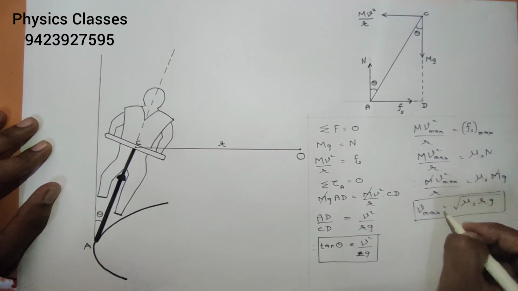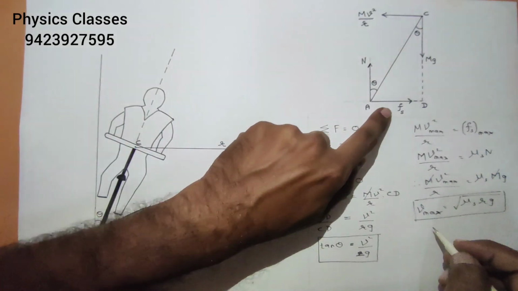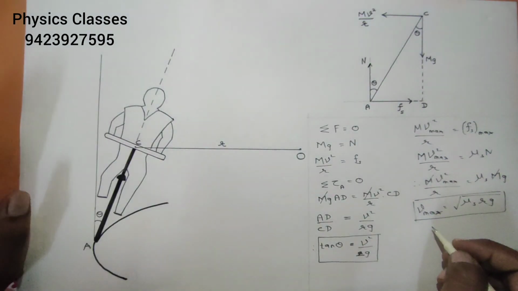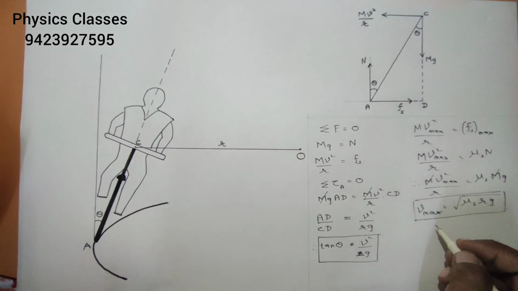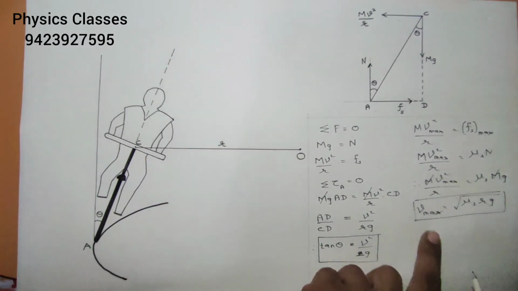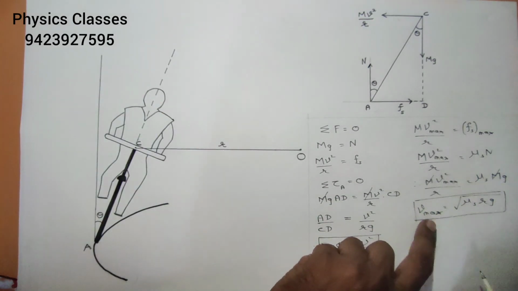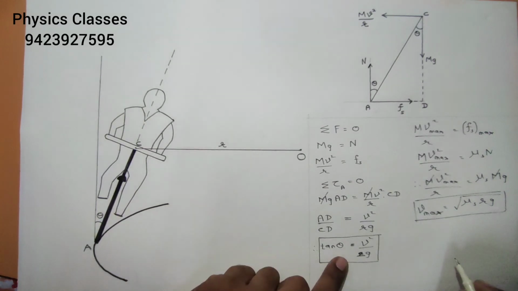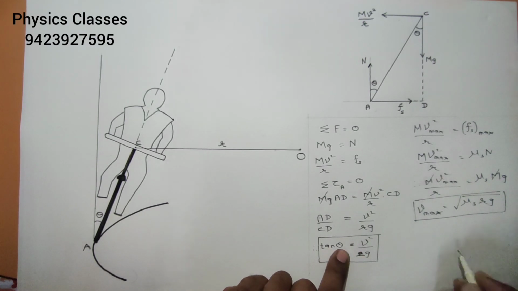And if the velocity is greater than this velocity, then the friction force won't be enough to provide the centripetal force. The cyclist will skid away. And let us talk about the angle theta made with the vertical when the velocity is maximum. From here, velocity increases, theta increases. If v is maximum, theta will also be maximum.